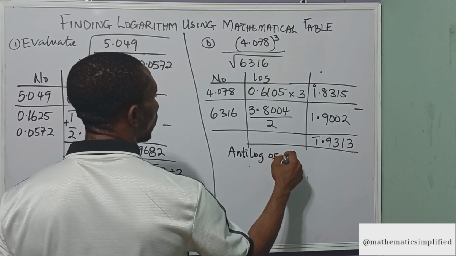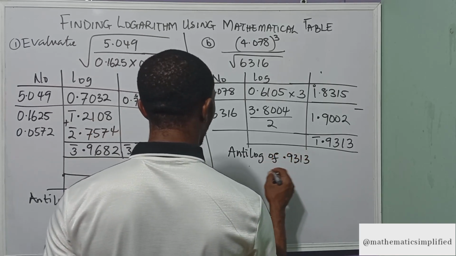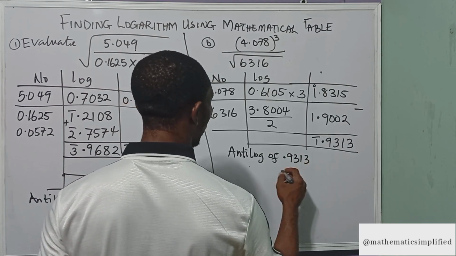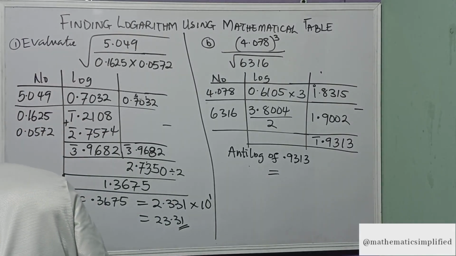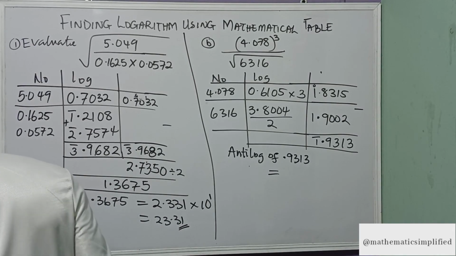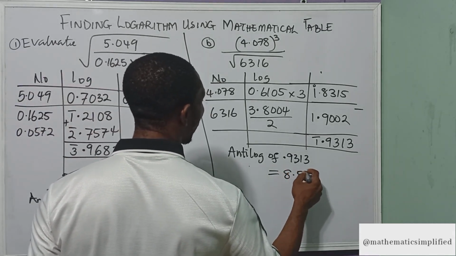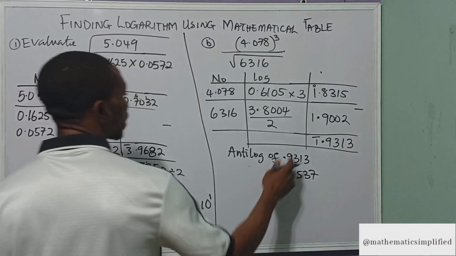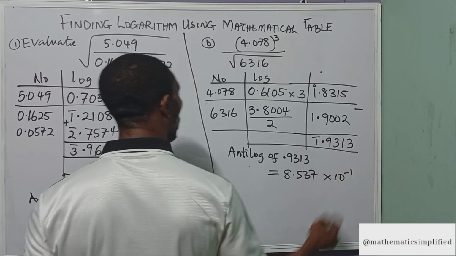So now with this we can find the antilog of 0.9313. Okay, we go to the antilog section of our log table, and we will have it as 8.537 as an antilog of this, times 10 raised to power minus 1.